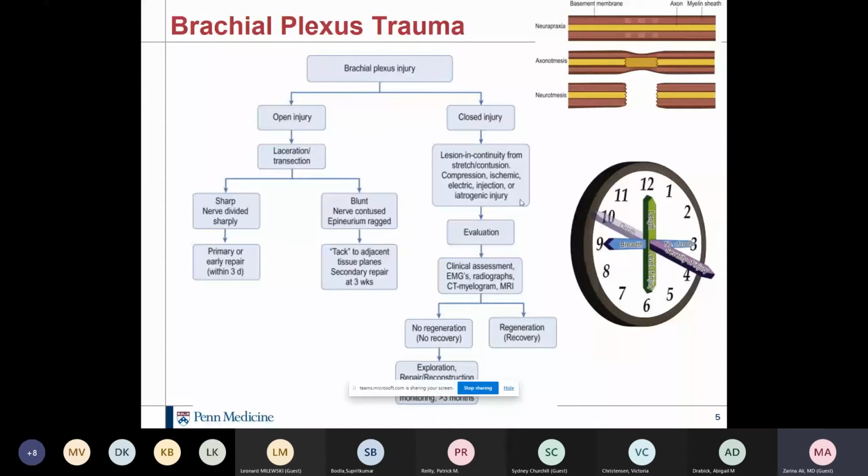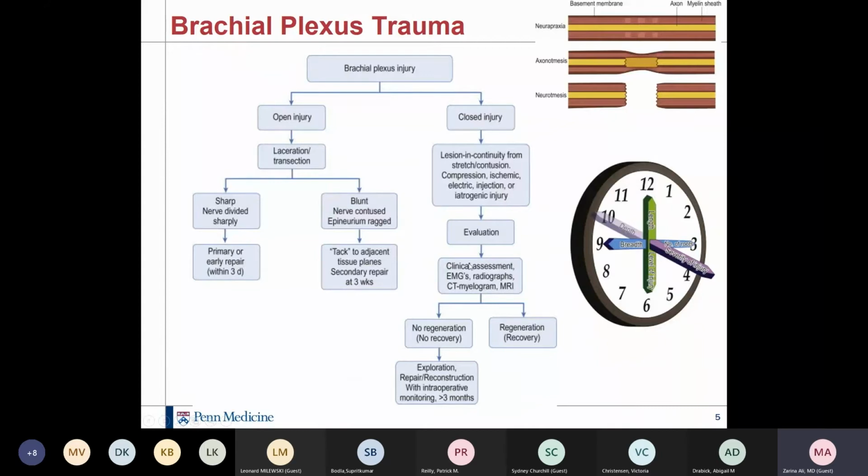These patients often require a variety of diagnostic testing before we make a decision as to whether or not we're going to operate, and secondly, we also think about the timing of when we are going to operate. Often we are looking at things like the clinical exam.